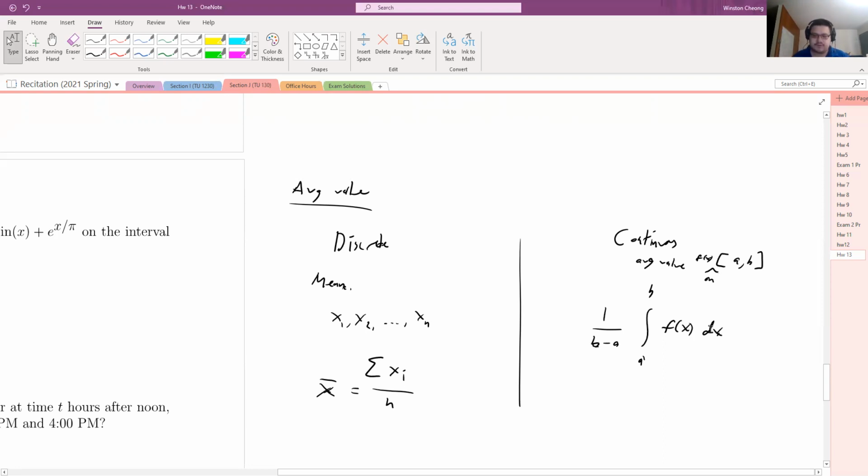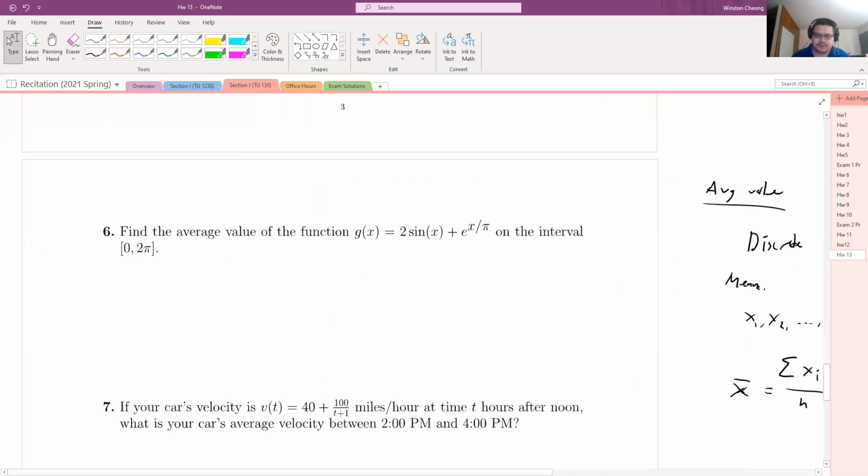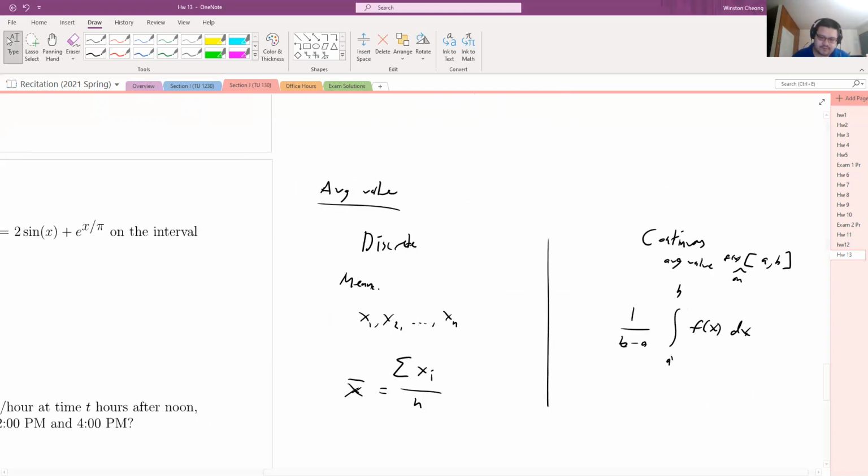And then this dividing by n, dividing by how many numbers you're averaging, the thing that makes sense in the continuous setting is dividing by the length of the interval, this b minus a. So it makes sense that this formula describes the average value of this function. It's just converting over. So keep that formula in mind.